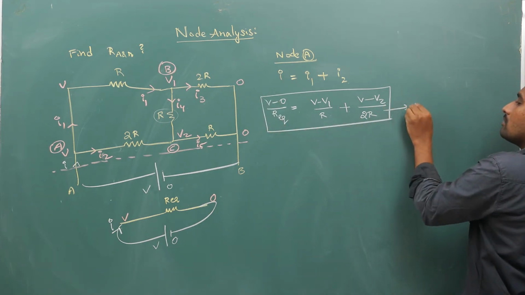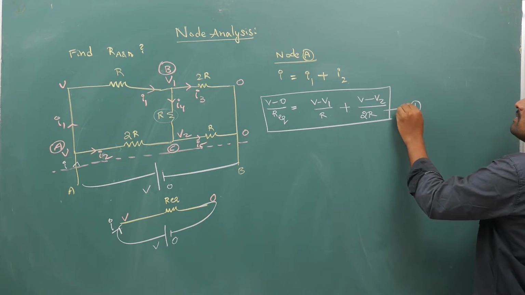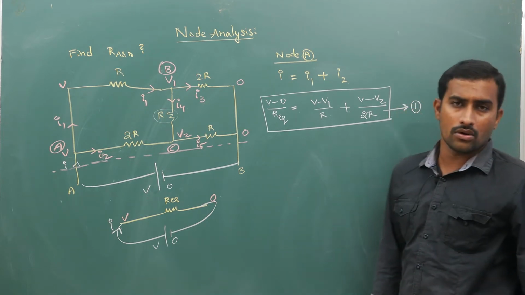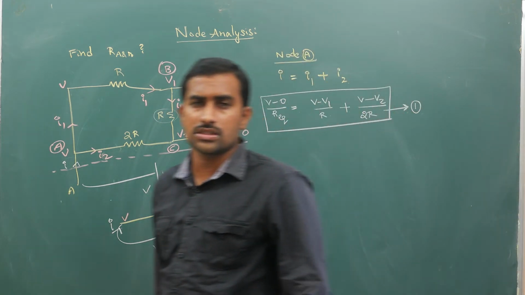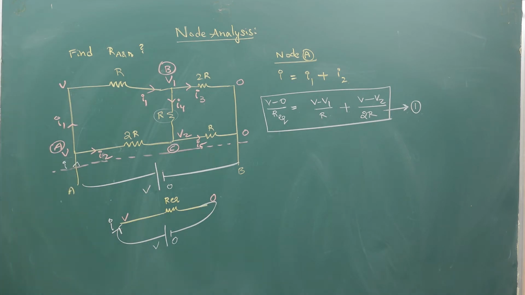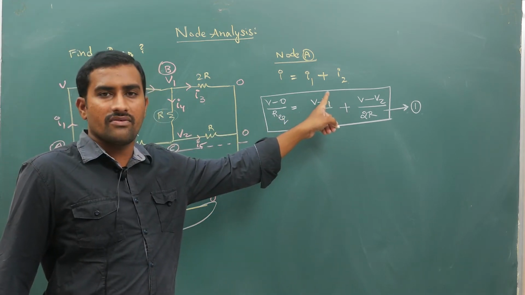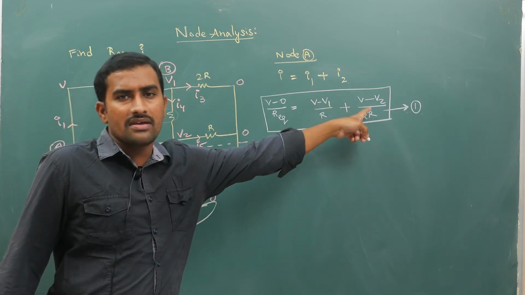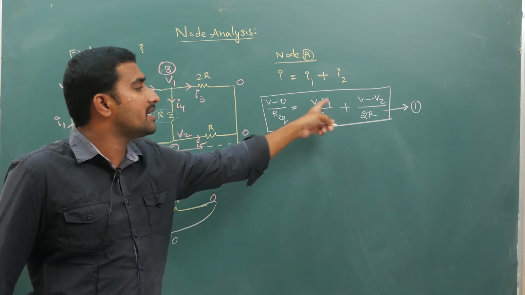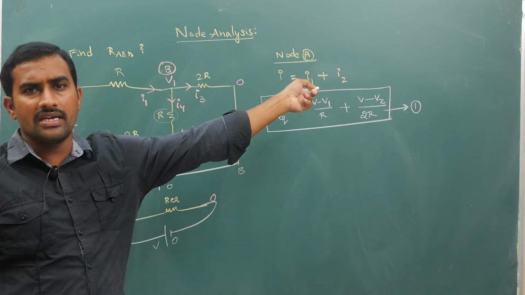Now many people will give wrong answers. Do not get confused while solving these equations. While you are trying to solve these equations, your V1 we will write as some multiple of V, V2 we will write as some multiple of V. On the numerator you will get a V term.